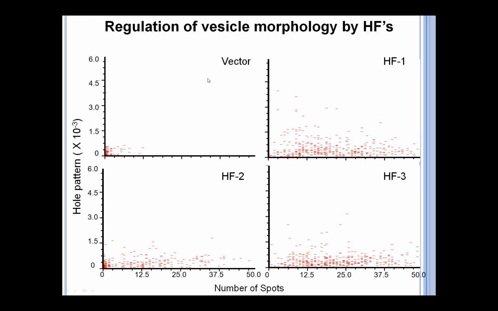The cells which are expressing vector alone have very few spots, and the size of the vesicle is small compared to the cells which are expressing HF1, where the number of spots increases, and the size of the vesicles also increases. But in the cells which are expressing HF2, the spots, which correspond to the acidified compartments, increase compared to the vector alone, but the vesicle size is smaller compared to HF1. With HF3, the number of spots increases, and so does the vesicle size, but the vesicle size is smaller compared to HF1.